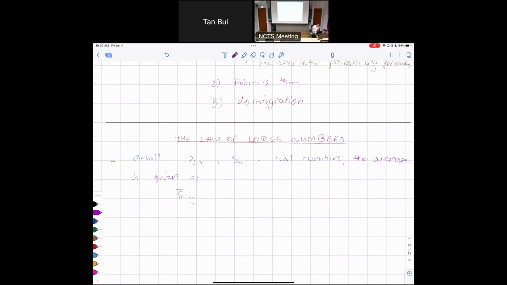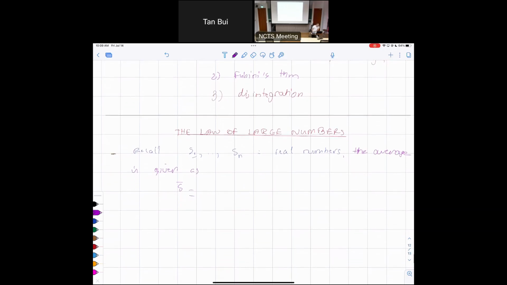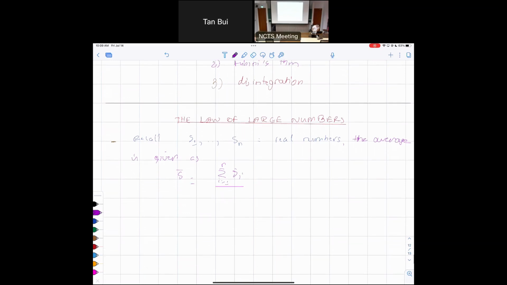Yes, thank you: the sum of s_i, i from 1 to n, divided by n. I'm reviewing elementary math, not even middle school math. At least in the U.S., typically in Asia we learn much more math in elementary, middle and high school compared to America. So this is elementary even in America, maybe preschool in Asia. So let's do preschool first.